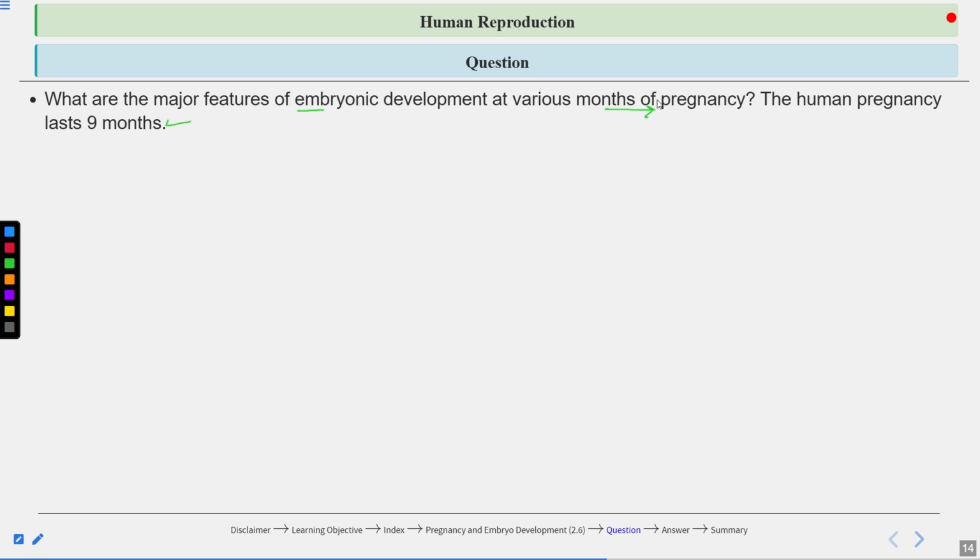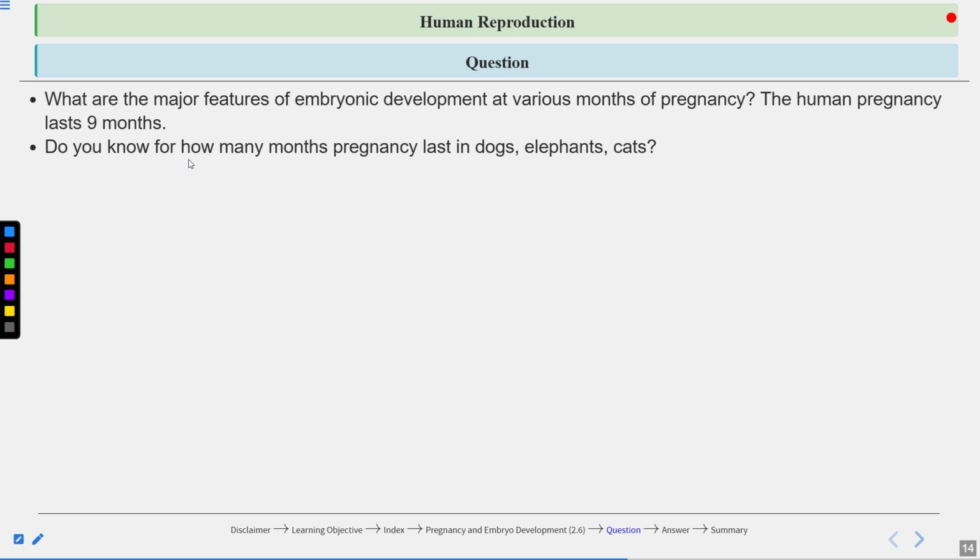So month wise, they are asking what all things develop. Clear? In the first month, second month, third month, like this, or trimester wise. Features of the embryonic development: at which stage the embryo has what features?